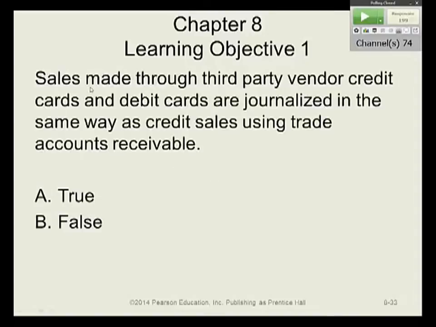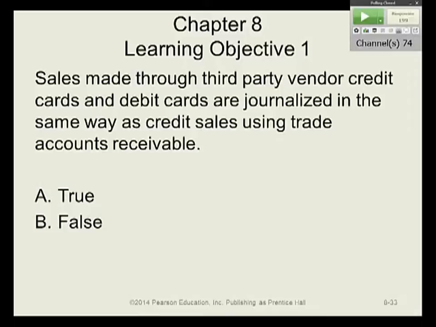All right, so let me do this. We'll make it, for wording, let's do this one. Sales made through third-party vendor credit and debit cards are journalized in the same way as cash sales using trade accounts receivable. The answer to that one is going to be false, because trade accounts receivable, how do we record those?